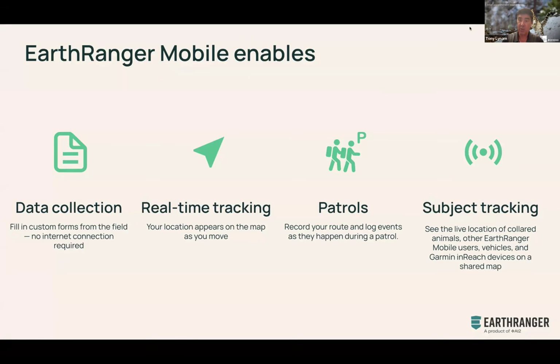You can also use the app for what we call subject tracking. Subject tracking can be tracking marked animals, other mobile users, vehicles, or Garmin inReach. And we're going to see how that works in the exercise today.